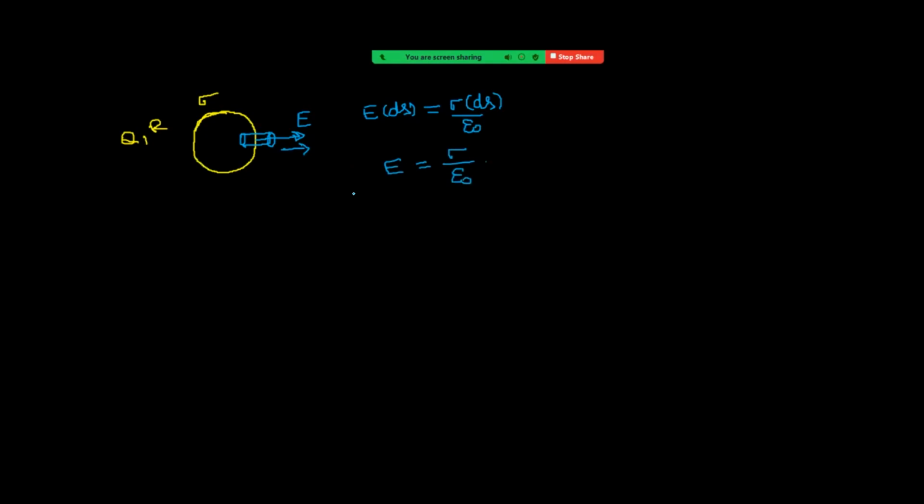That is the field just outside a conductor. In fact, here we have taken a spherical shell, but it is valid for any shape of the conductor. I am repeating, this is valid for any shape of the conductor: just outside, sigma by epsilon naught.